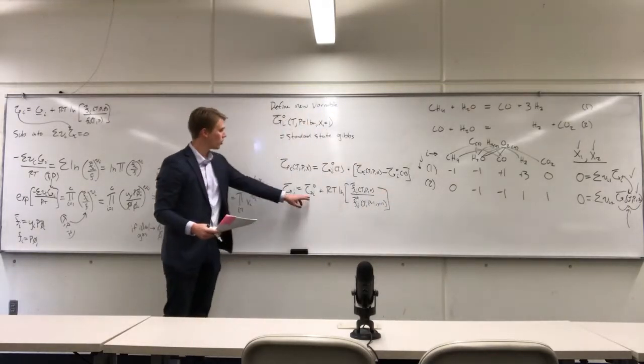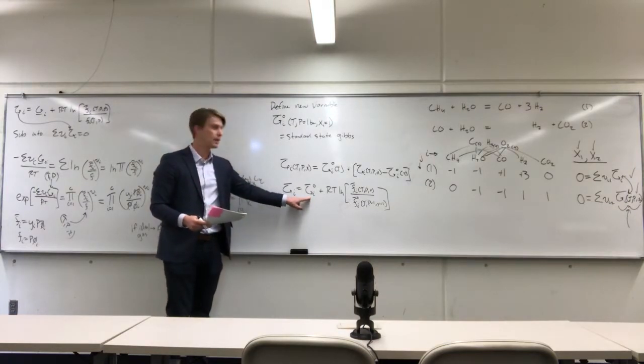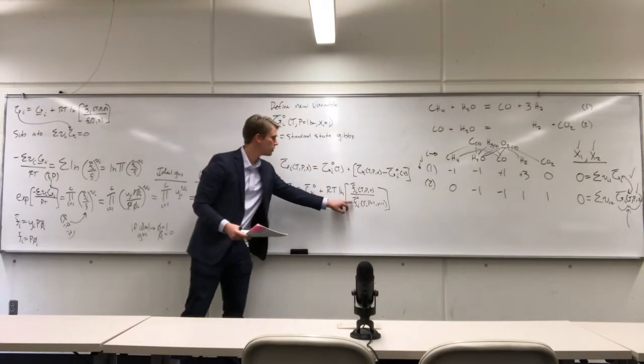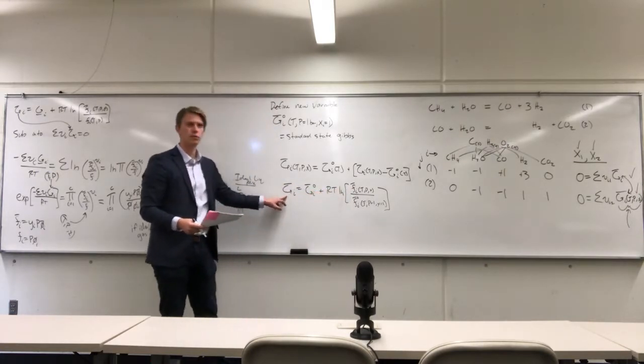We're basically starting at the standard state Gibbs, and we're calculating how the fugacity changes, going from the standard state to the real state, which gives us the real Gibbs.